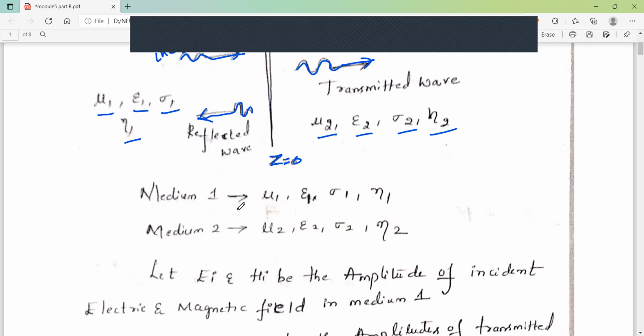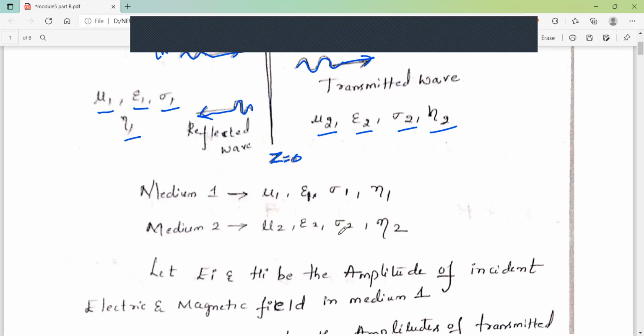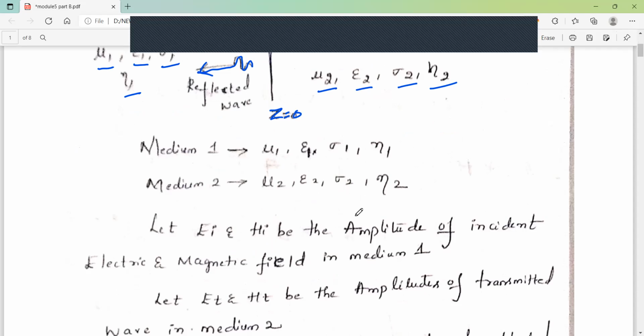Now, all that is mentioned over here: medium 1 properties, medium 2 properties. We are going to represent the subscript i for the incident wave, the subscript r for the reflected wave, and subscript t for the transmitted wave.